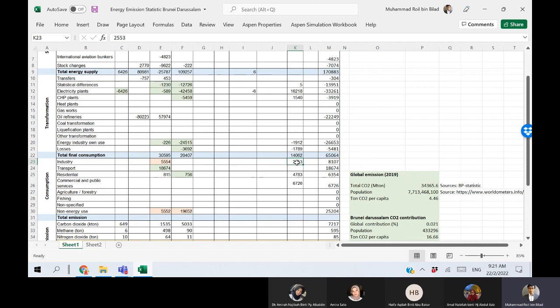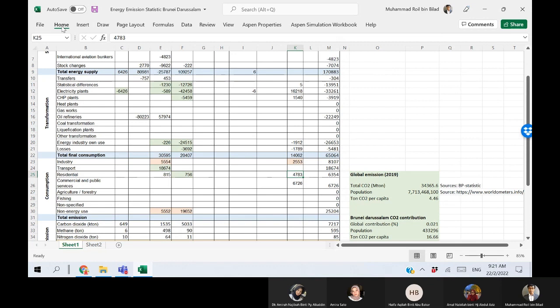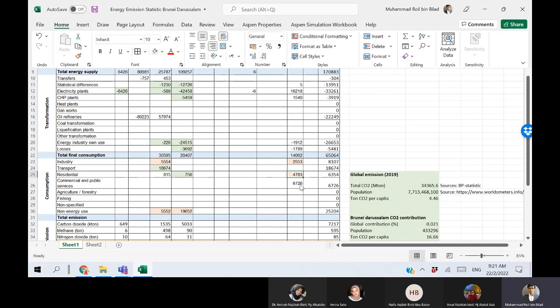So we don't emit CO2 like when you use your electricity at home, or the other gases. So here is also excluded. This one excluded. This one excluded.